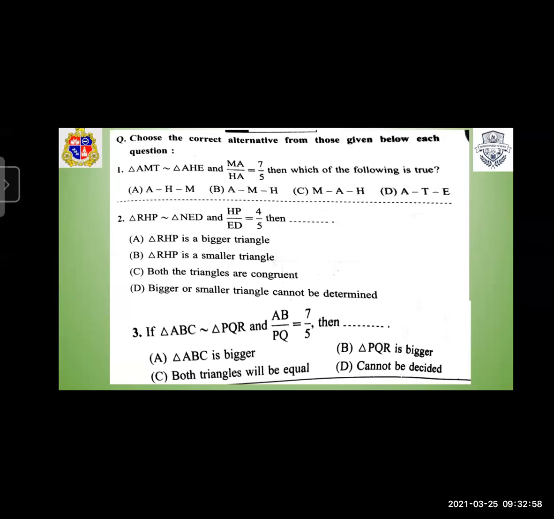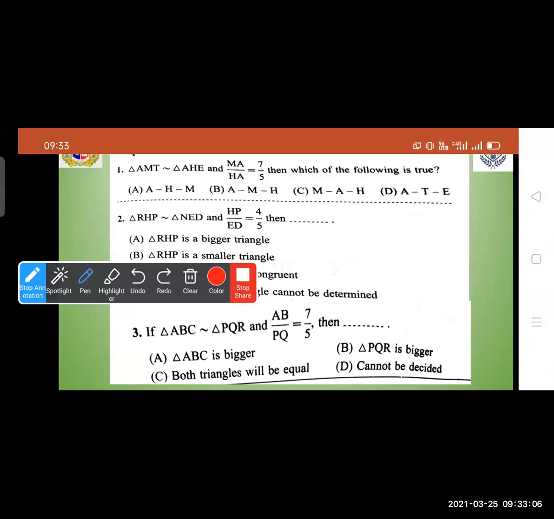Your triangles have the common vertex A. First we draw AMT and AHE and check which one. The ratio MA by HA is given as 7:5. Then which one is the true statement? So check which one is the true statement. So here we see this one, the first one. So here option first is correct.